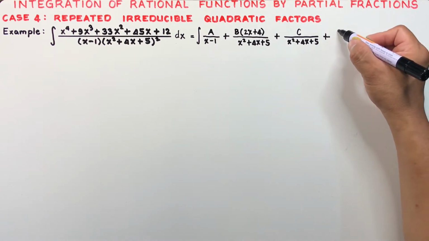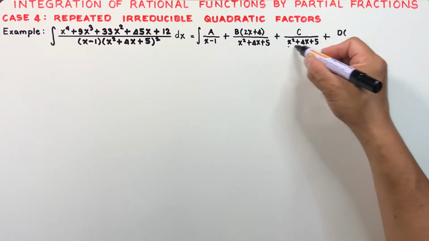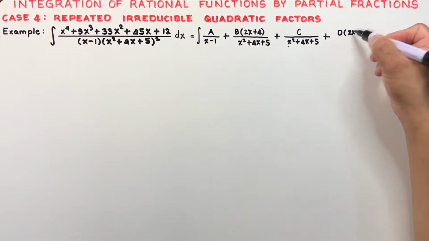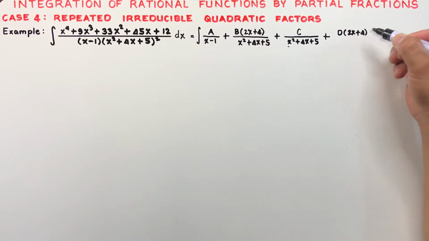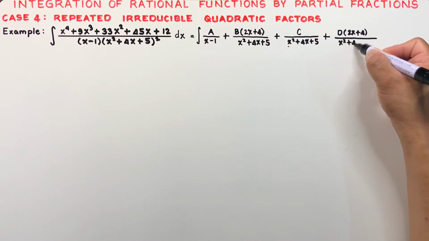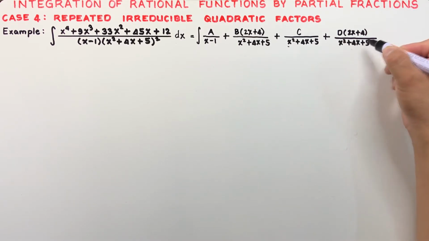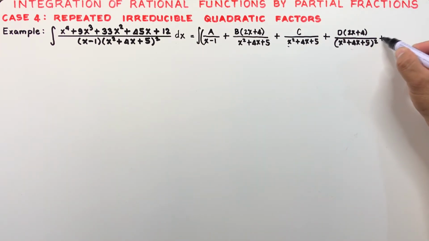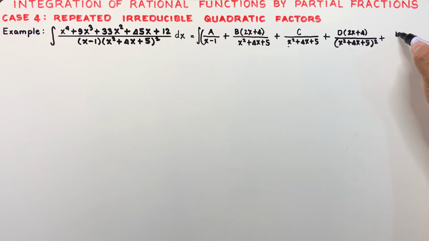So we have d times the derivative of this, which is 2x plus 4 over this quadratic x squared plus 4x plus 5, but this is raised to the power of 2, and this is added to the constant e over this quadratic factor, which is x squared plus 4x plus 5, but raised to the power of 2 dx.